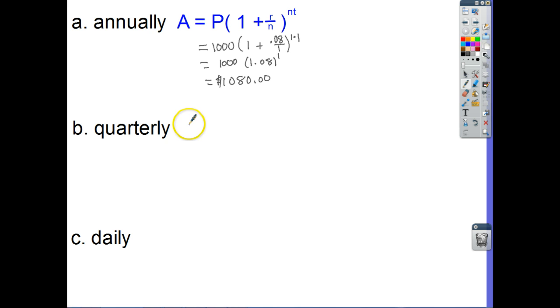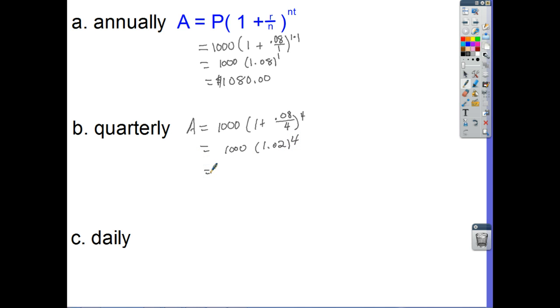Okay, let's do quarterly. So A is equal to our initial amount that we put in, 1 plus our interest rate changed to a decimal, divided by 4, since quarterly is compounded 4 times a year, and that raised to the 4th power. So we're going to have 1,000 times, now that's going to be 0.02, so it's 1.02 raised to the 4th power.